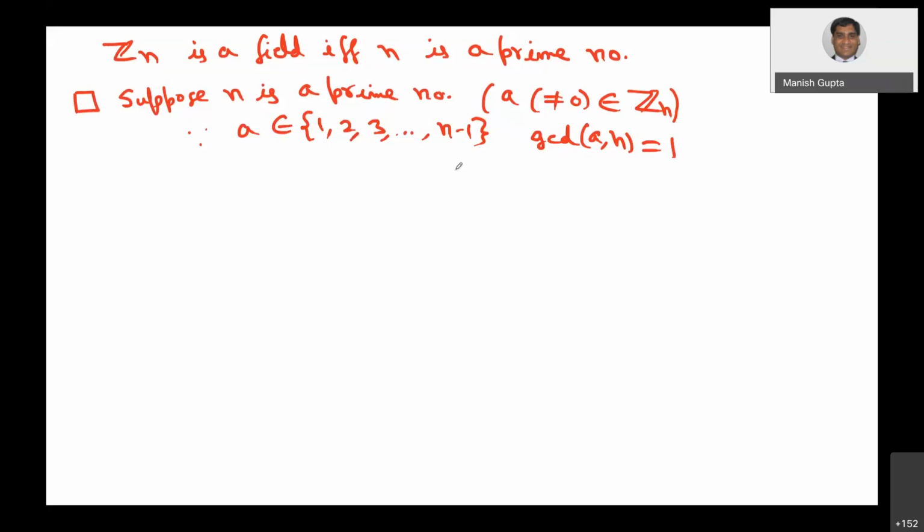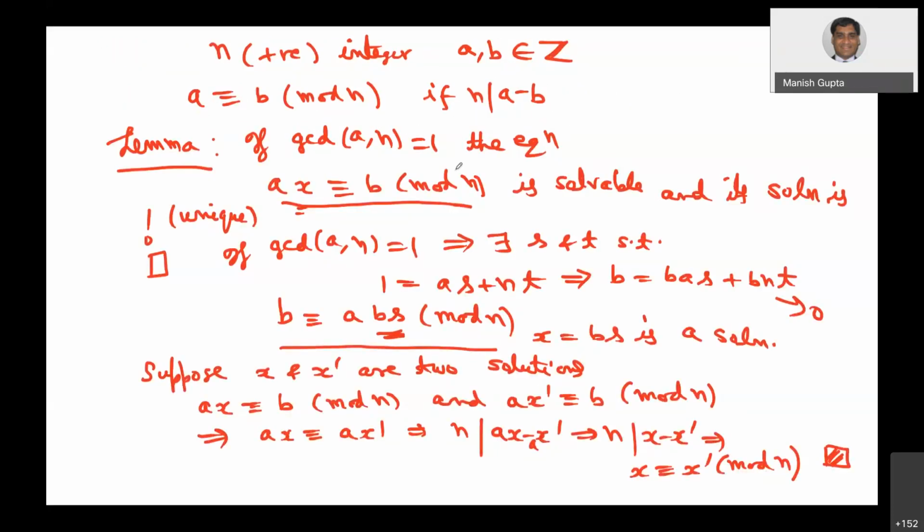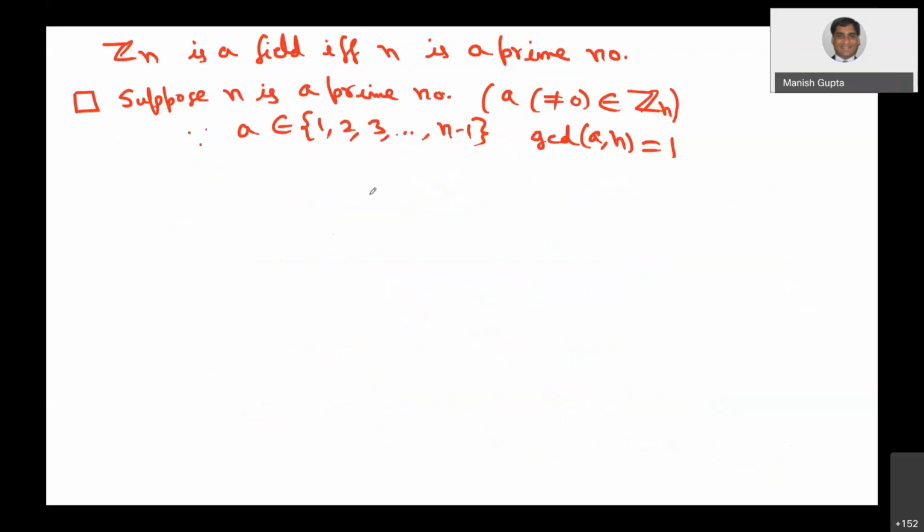Hence, using this result, since GCD of a and n is 1, we have there exists a solution x such that ax is congruent to 1 mod n.